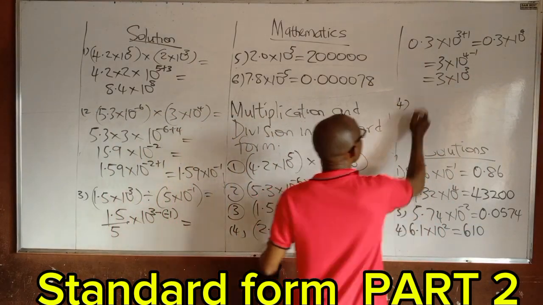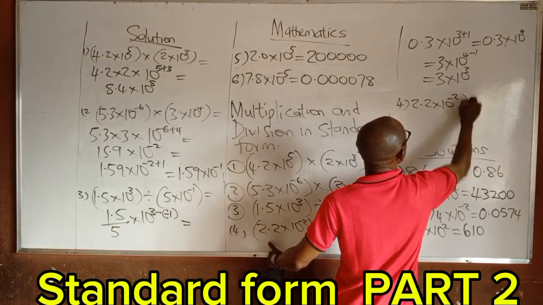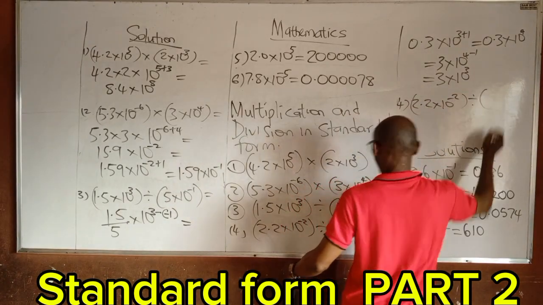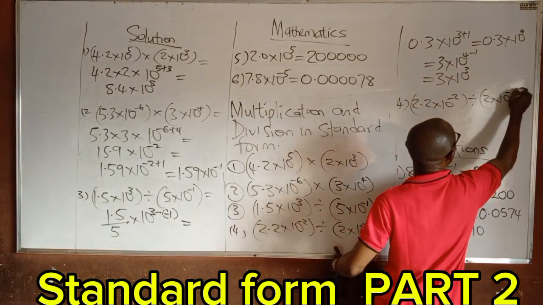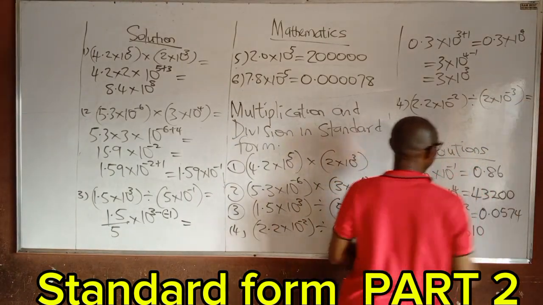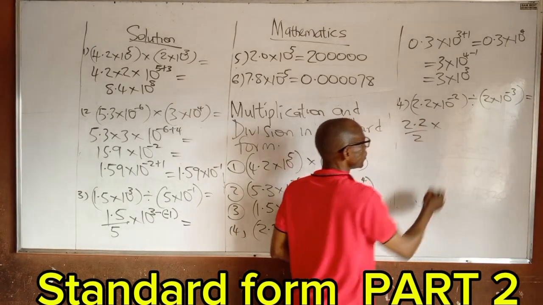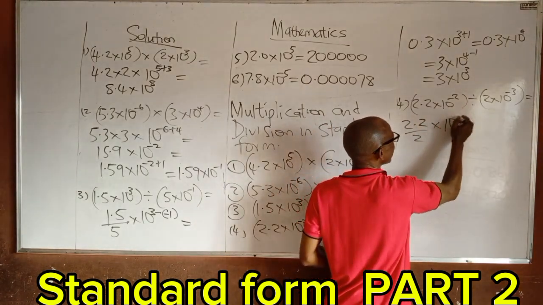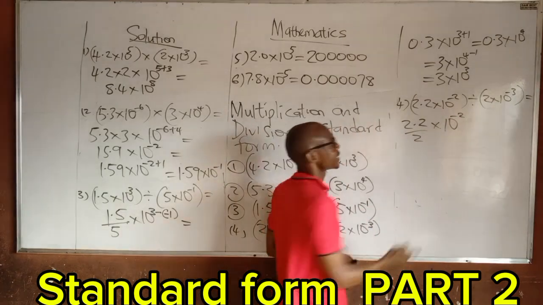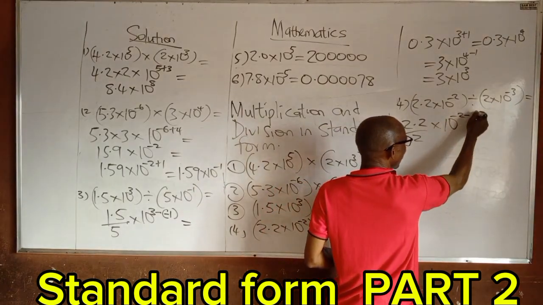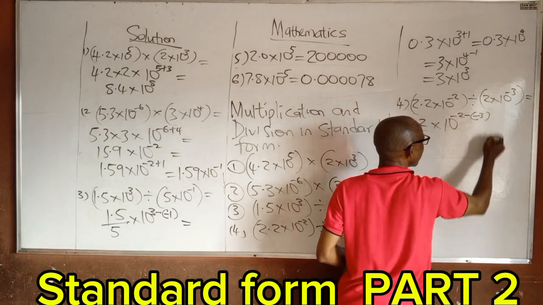Question number 4. 2.2 times 10 raised to the power of minus 2 divided by, open bracket, 2 times 10 raised to the power of minus 3, close bracket. 2.2 divided by 2, times 10 raised to the power of minus 2. Because we are dividing, we subtract: minus, open bracket, minus 3.